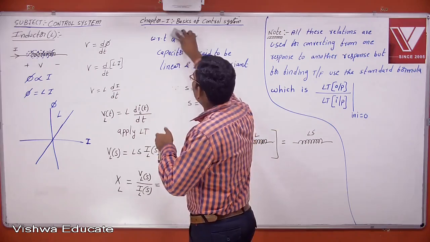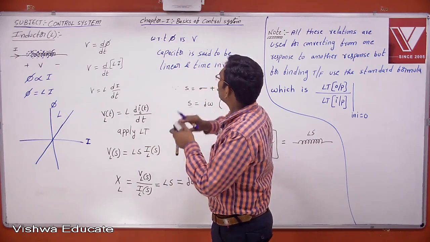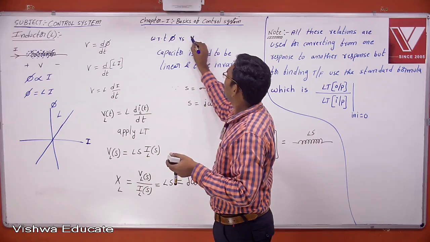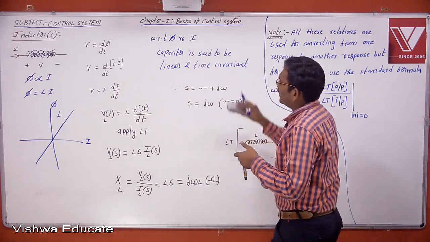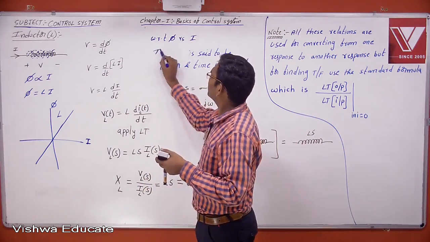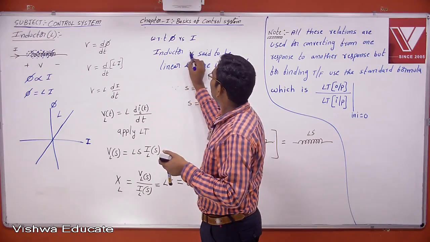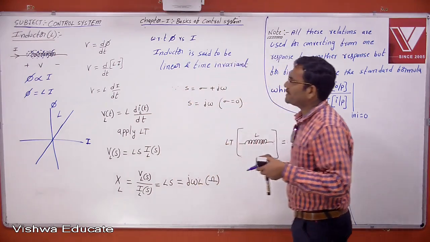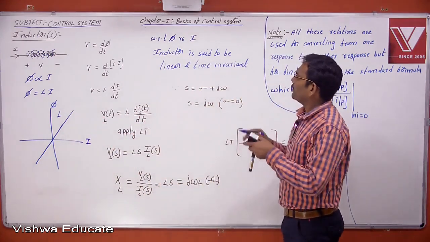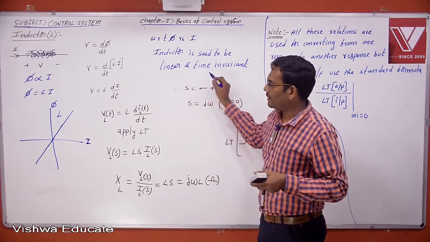Now with respect to flux versus current, the inductor is said to be linear, with linear characteristics, and time invariant.